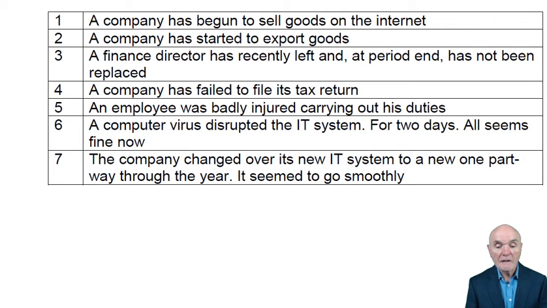Computer virus disrupted the IT system. That was for 2 days. All seems fine now. Well, is it fine now? What was the nature of the disruption? Did it wipe all the records and they had to be reconstituted? Did it put through some sort of fake transactions? Did it cause any damages to our customers or our suppliers?